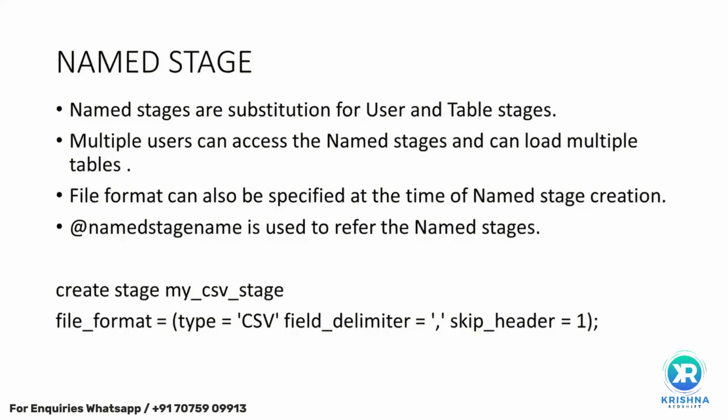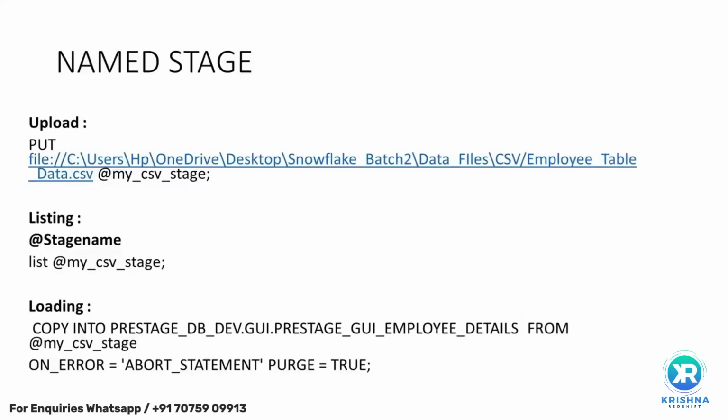If you have a header within that file, you will mention skip header, how many lines you want to skip. Otherwise, you don't even mention that option. Of course, we will show again how to load using this. As I already said, a stage is the place where you stage or keep the files for the purpose of loading.